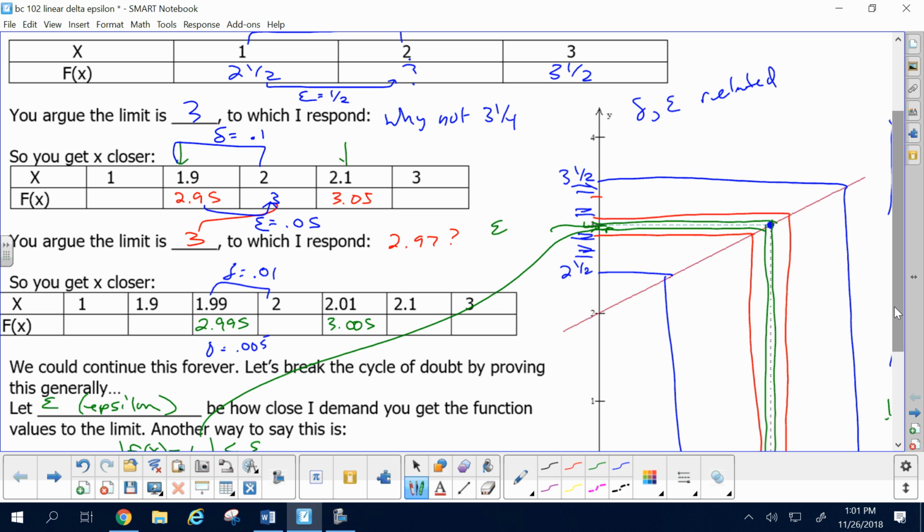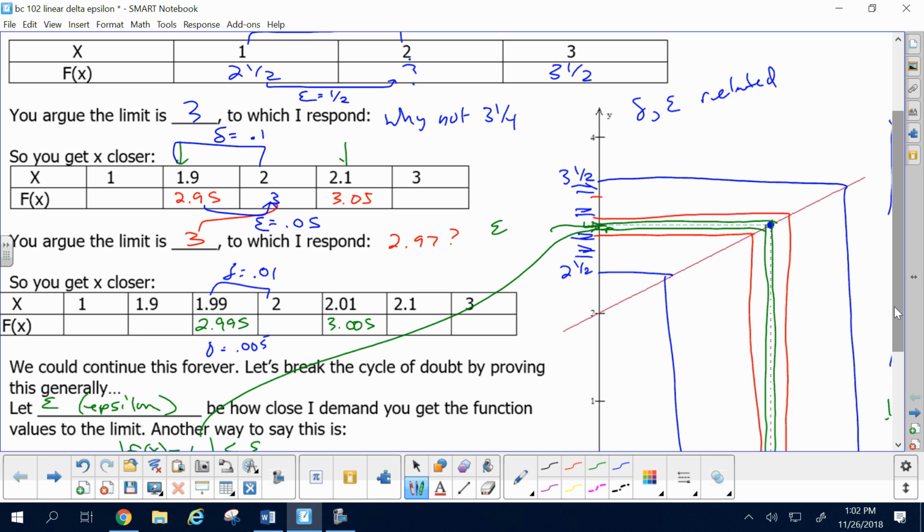But the minute this slopes steeper, I'm not very coordinated, sorry, the minute this slopes steeper, then a big gap around x results in an even bigger gap for y. But if this is flat, then a gap around x becomes a very small gap for y. So I think you'll agree that the gap in x relates to the gap in y through the slope, yeah? The steeper the slope, the bigger the gap.